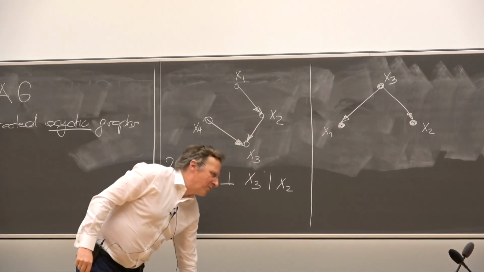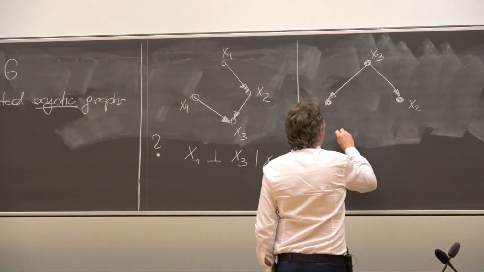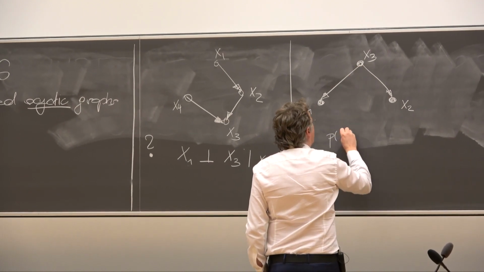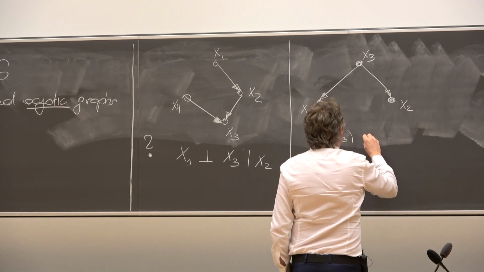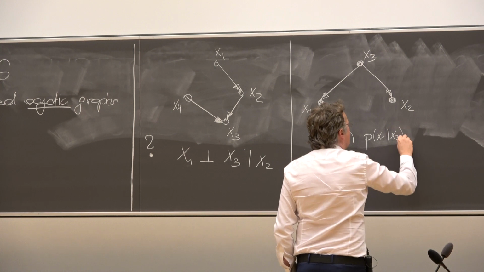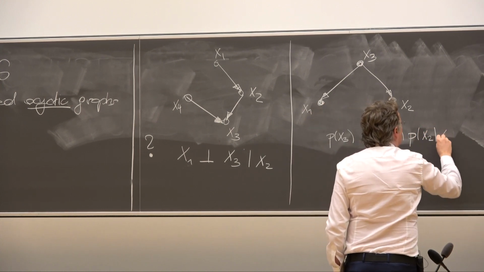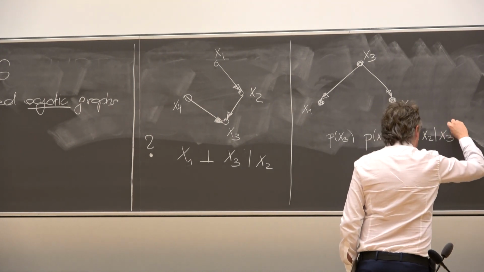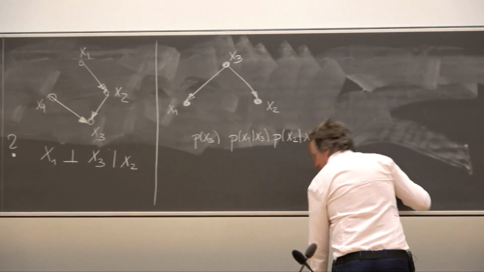I have only something with x3, and so this means I have p of x3, and then p of x1 given x3 times p of x2 given x3. So this will be one example.